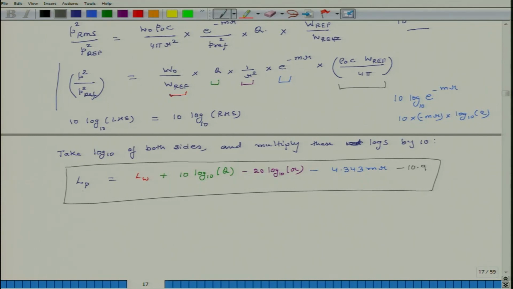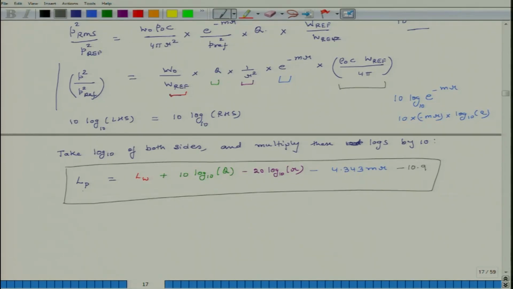If you are far, your sound pressure level will go down, which is minus 20 log r, minus the effect of 4.343 mr. It tells us the influence of sound attenuation, how much sound gets absorbed. So, this is minus 4.343 mr, minus 10.9, a constant number.